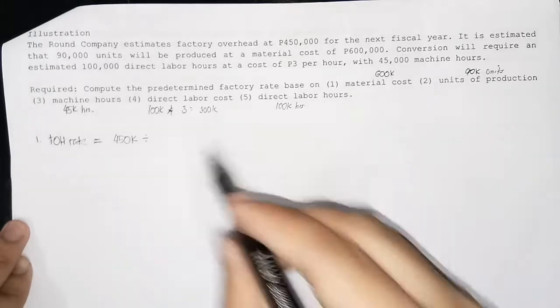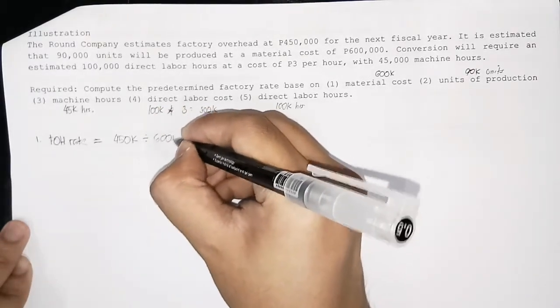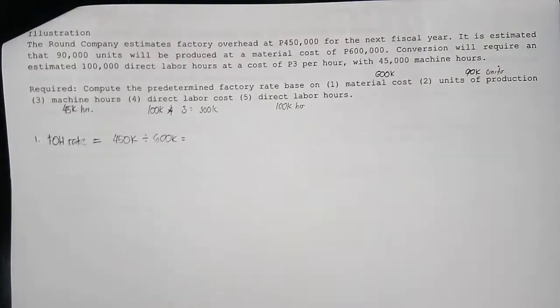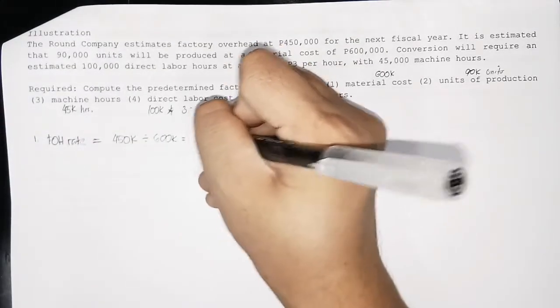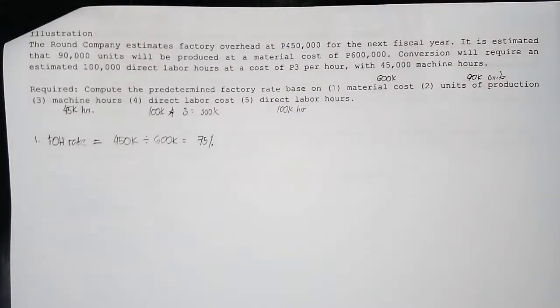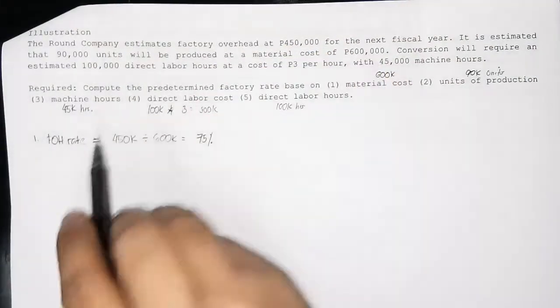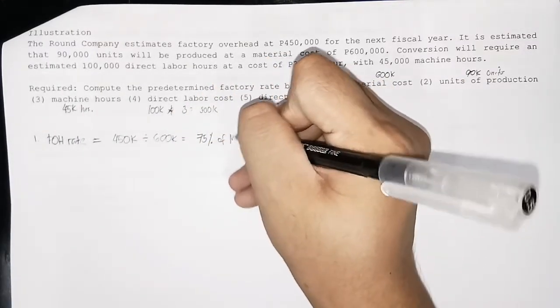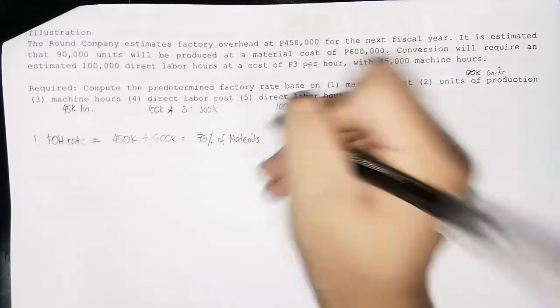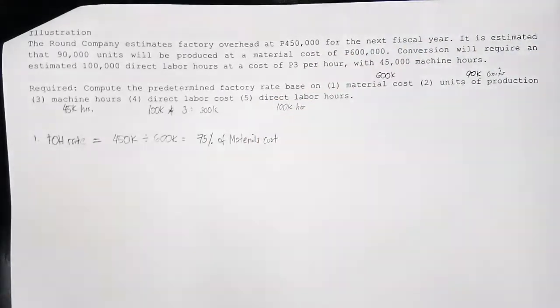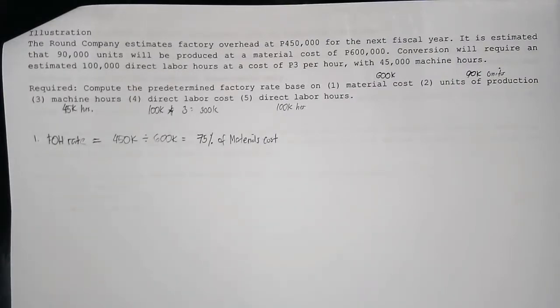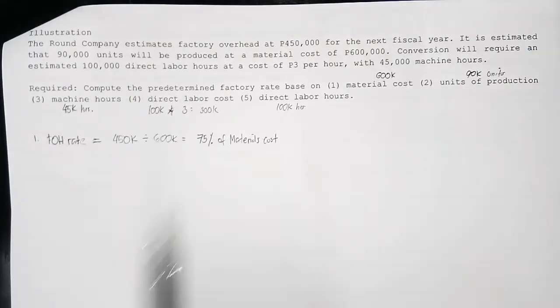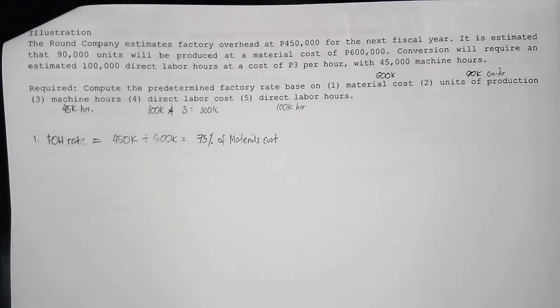Material cost. 450,000 divided by 600,000, that is 75%. Kumpletuhin natin, 75%. Ang factory overhead rate is 75% of materials cost. Ibig sabihin, ang factory overhead applied is 75% of materials cost.